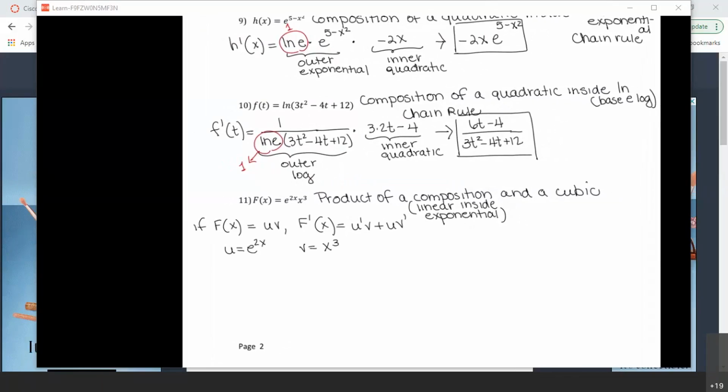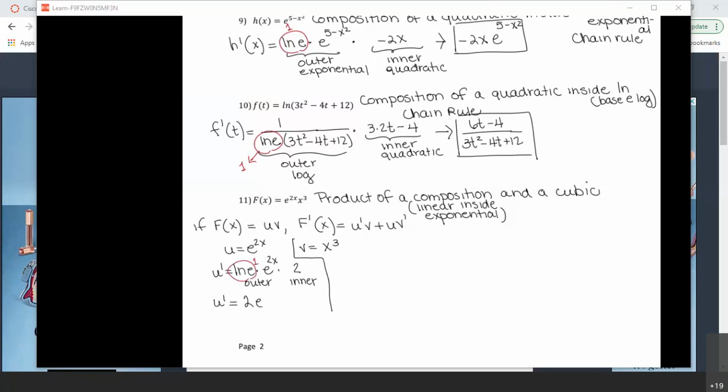If I do u prime, that's ln of the base, repeat the exponential. This is the outer function, the outer exponential function. And then take the derivative of the inner function, and that's the 2x in the exponent. If I rewrite it, you'll see that ln of e is 1, so that goes away.